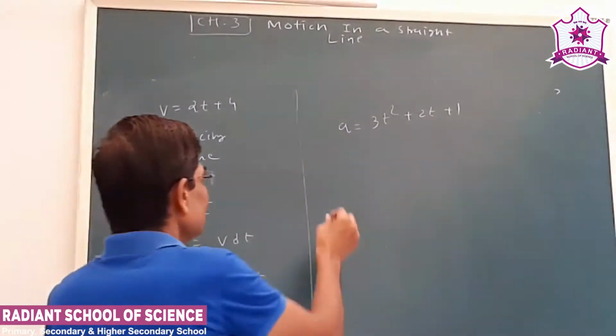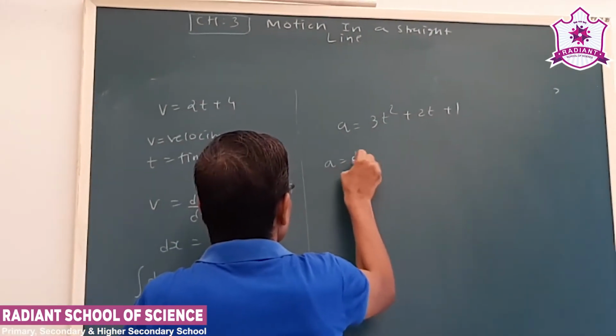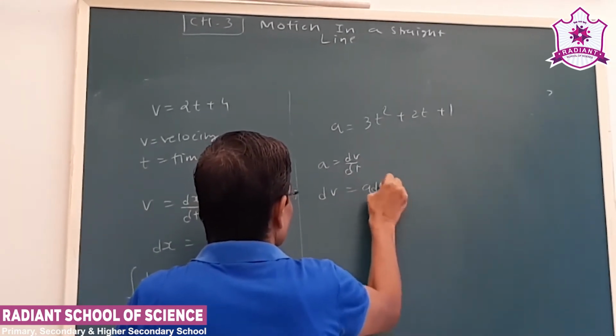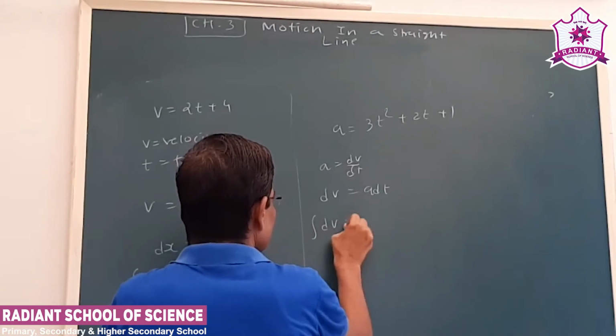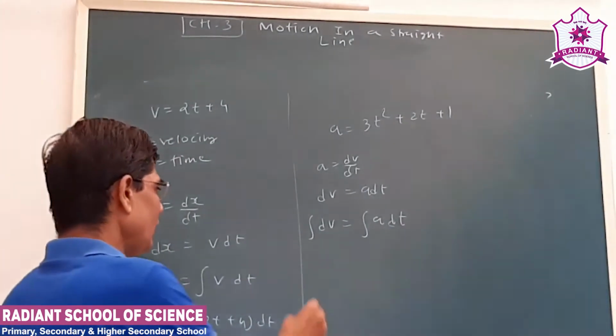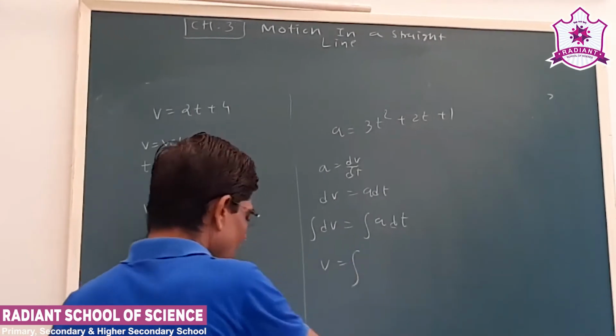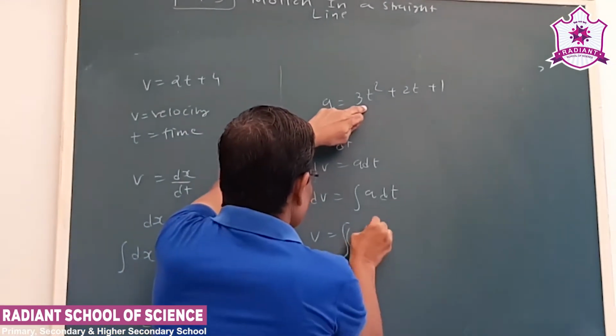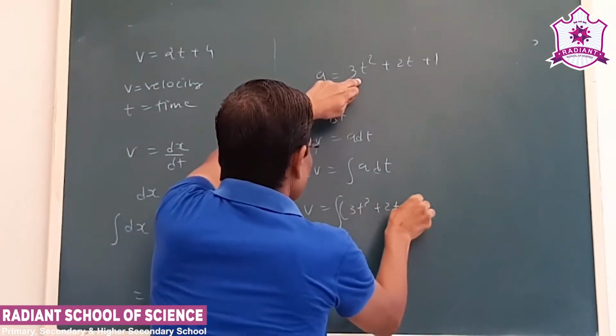Then first, a is dv by dt. So dv is a dt. Now integration will give the velocity. The equation of acceleration is 3t square plus 2t plus 1.